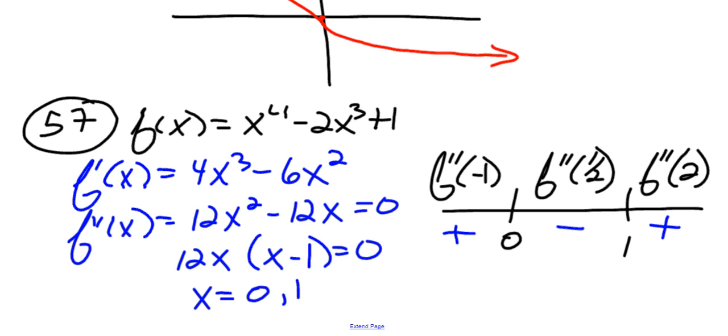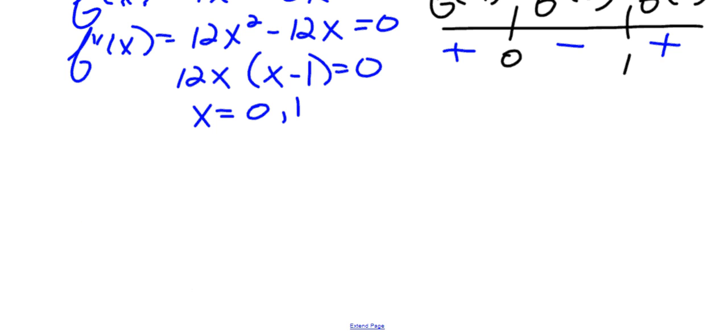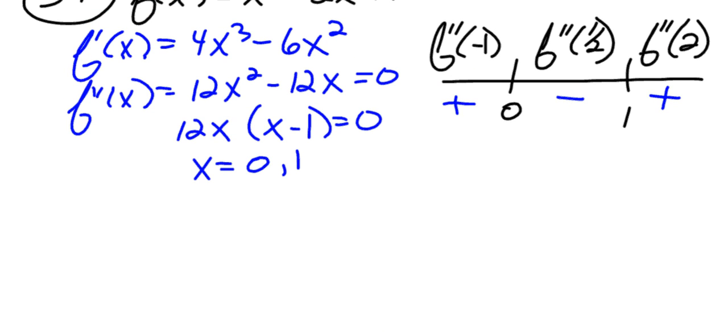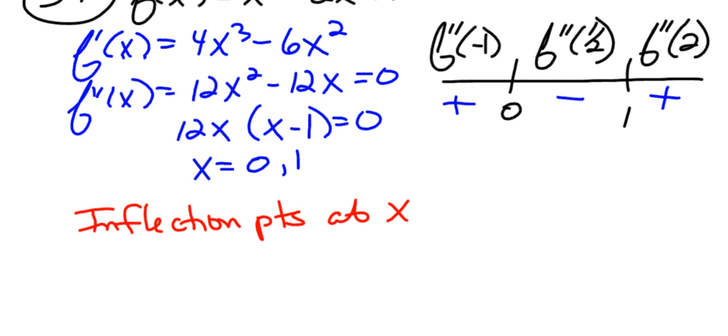So I do change sign between each interval. I went from positive to negative, negative to positive. These are inflection points at this point. I can definitely call them inflection points. So I have inflection points at x equals 0 and 1.